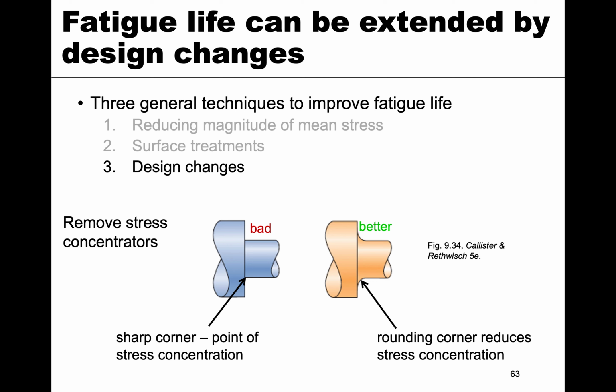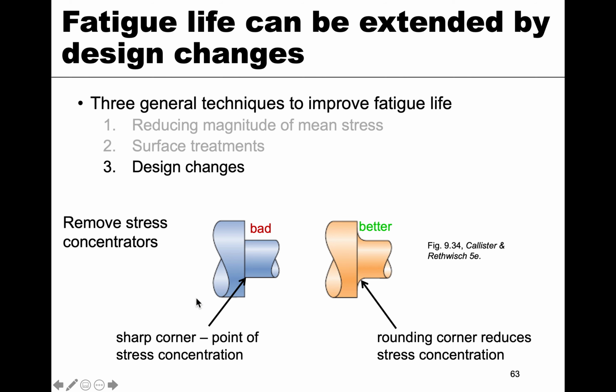All right, and the last one we can talk about. Again, this isn't the only thing done to improve fatigue lifetime, but the last thing is potentially design changes. This isn't necessarily something I've done, but something you can think about when you make CAD drawings of things and look at the stresses involved: we can remove stress concentrators, just like we try to remove flaws if possible. We don't want to design flaws into the material.